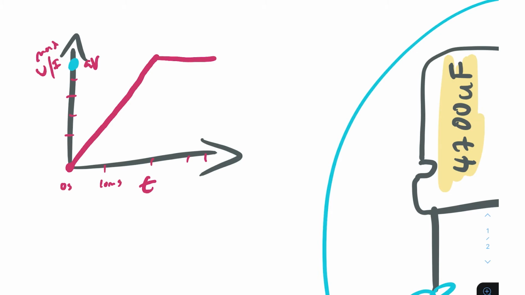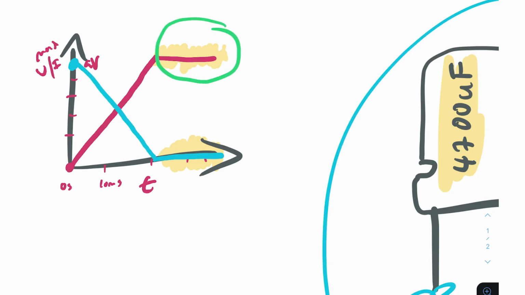Then as time goes on, the current falls slowly until eventually it reaches zero and levels off, just the same as the voltage. Once the capacitor is fully charged, the current flowing through will be zero. This is an important point to understand. At this point here, the rate of change, dV/dt, is equal to zero.